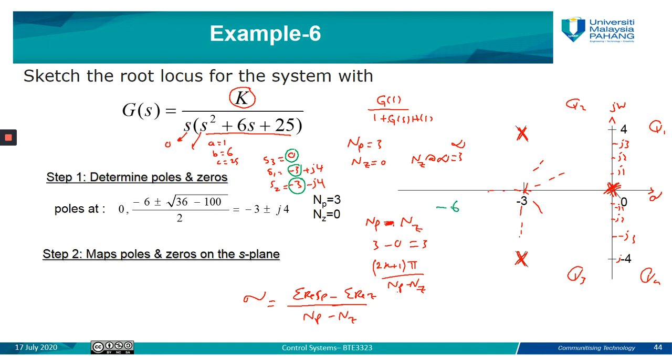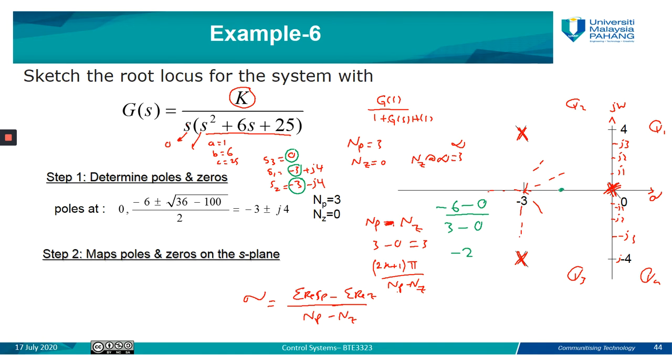Minus the real part of the zeros. We do not have any finite zeros, so it will be 0. Over the number of poles, which is 3, minus the number of zeros, which is also 0. So it will be -6 over 3, so it will be -2. That means our centroid point will be at -2 here.